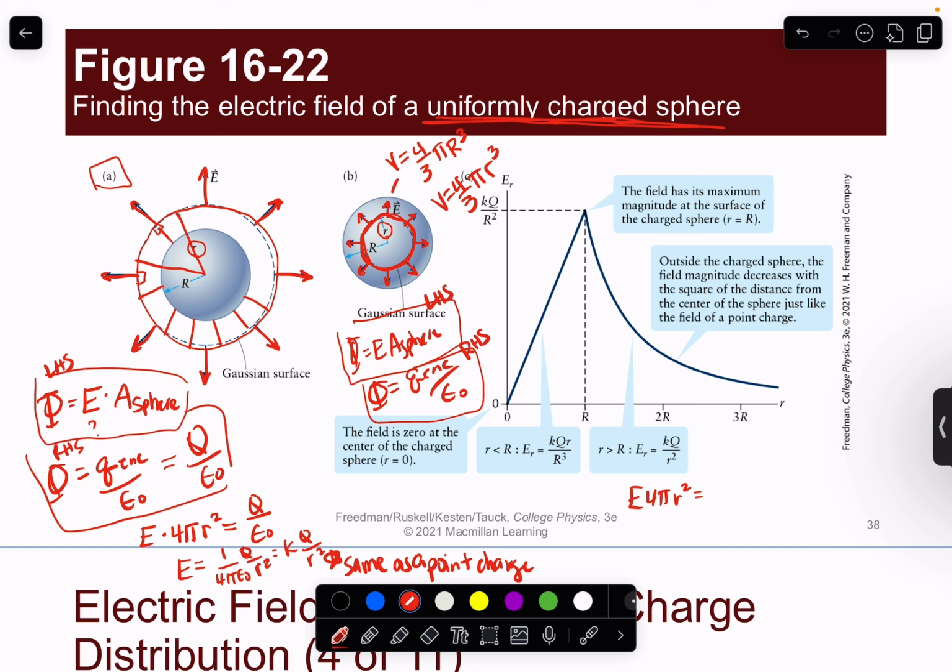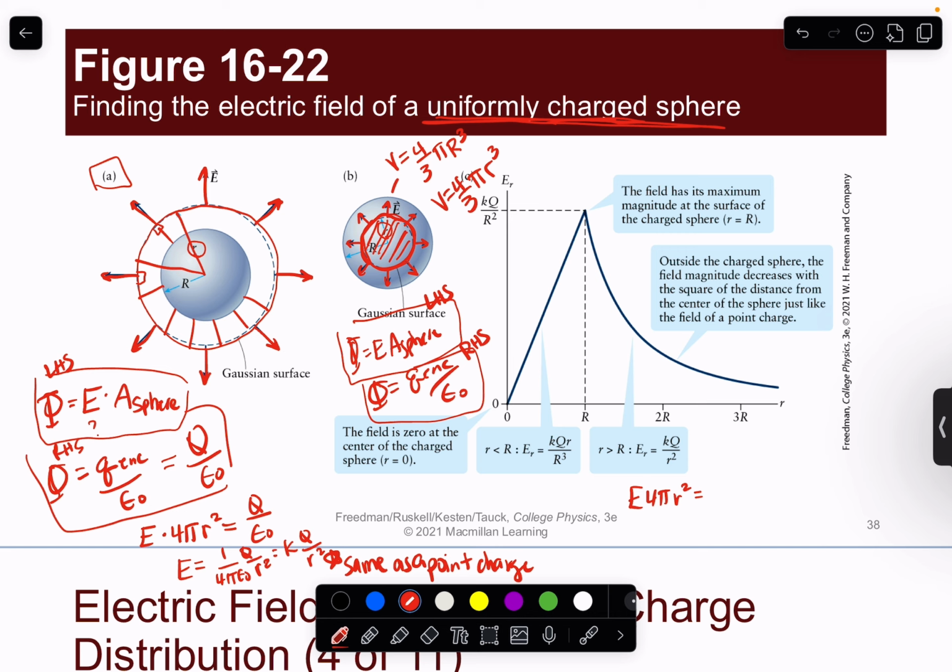And so the amount of charge in this part, it's going to be a ratio of this to this. Only a fraction of the total sphere is enclosed in the surface, so only a fraction of the total charge is enclosed in the surface.